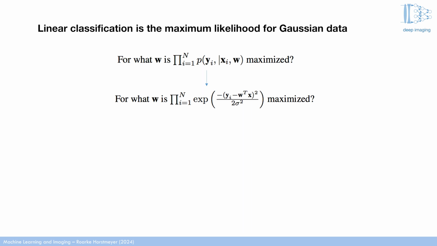Okay, and so our goal is to find some weights W that maximize this expression. If you're maximizing a product of these exponentials, it's the same thing as maximizing the sum of those exponentials, right? That's just a simple proof from convex optimization. If you're maximizing a function, you can go ahead and maximize the log of that function as well, and you'll still do as good a job because log is a monotonic function.